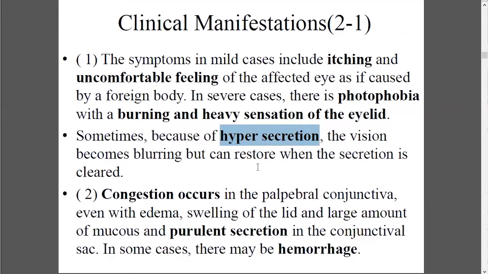Usually it does not affect vision, because it usually does not go to the center of the eyes, not blocking the pupils. But if there are too many secretions, like pus coming out, it's possible to block the pupil and block the vision. In that kind of case, the vision is decreased.